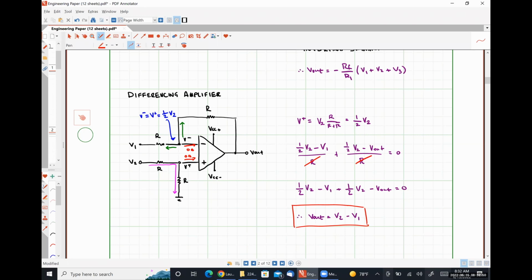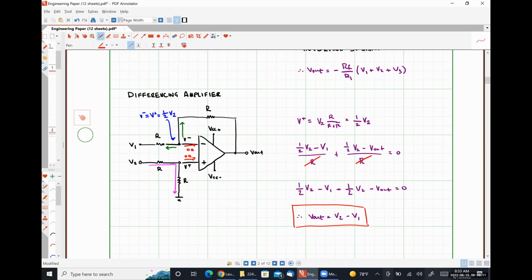So I would argue that if we wanted to scale the total difference, we should then simply put the output of this differencing amplifier into an additional stage that scales the difference itself instead of scaling each individual input voltage.